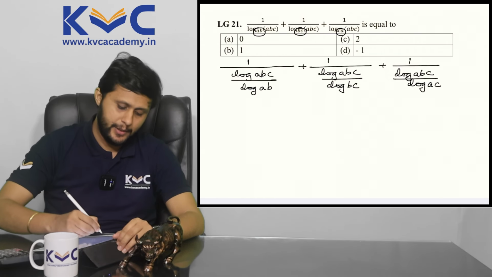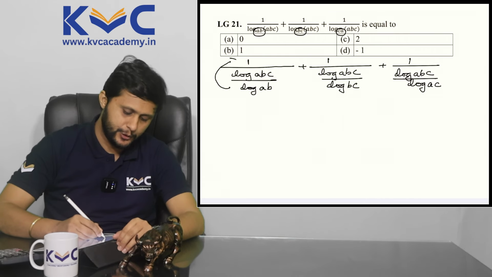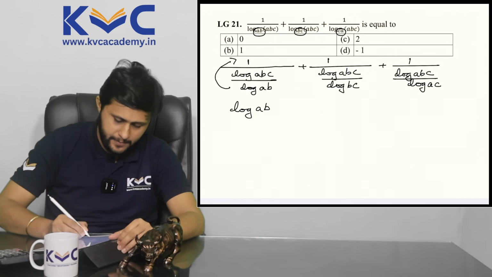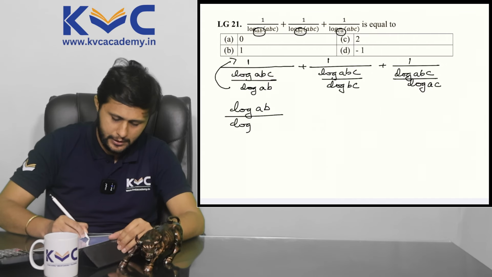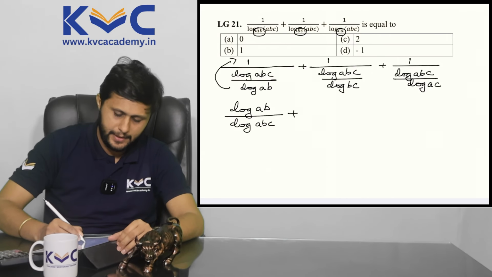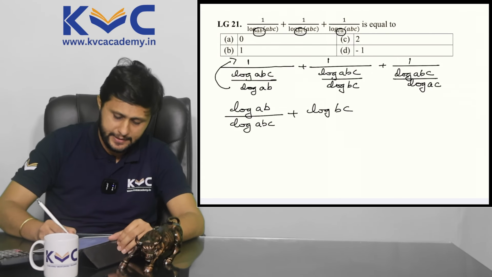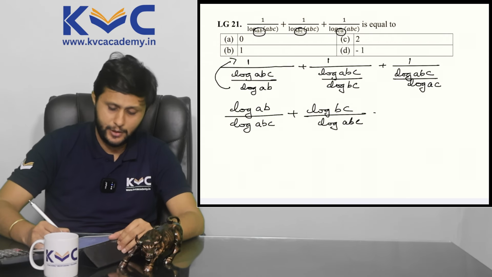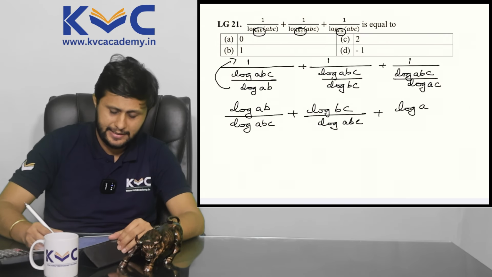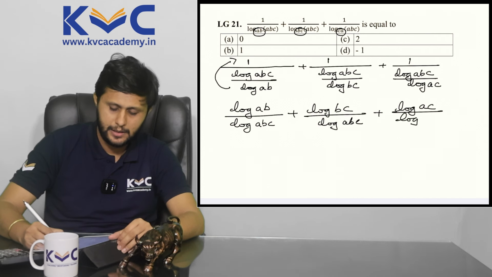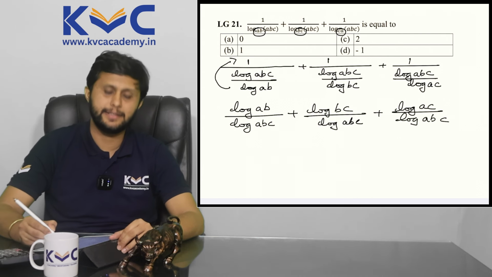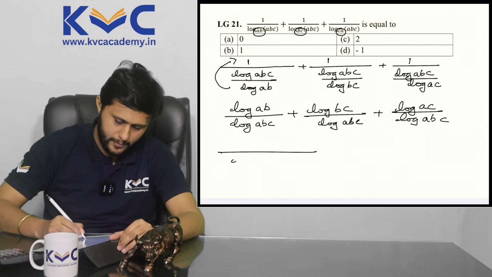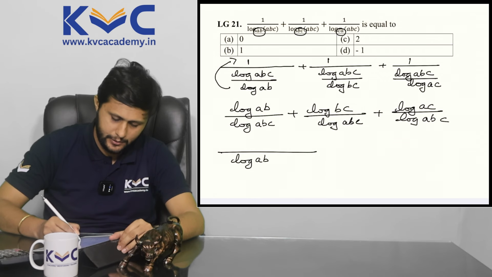Now we have a fraction in the denominator. What do we do? We need to take the reciprocal, it goes to the numerator. So we get log AB divided by log ABC plus log BC divided by log ABC plus log AC divided by log ABC. So we are getting the same denominator, a common denominator, log ABC only.